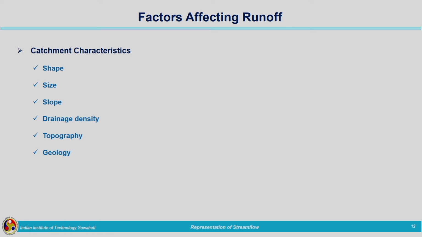If it is a steep catchment, or the slope is more, the water reaches the outlet at a faster rate compared to a flat terrain. If the drainage density is higher, the water will reach the outlet point at a faster rate. Topography and geology all affect the stream flow measured at the outlet point.